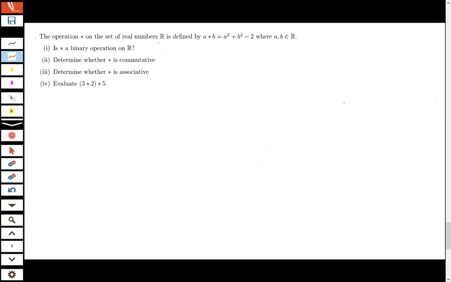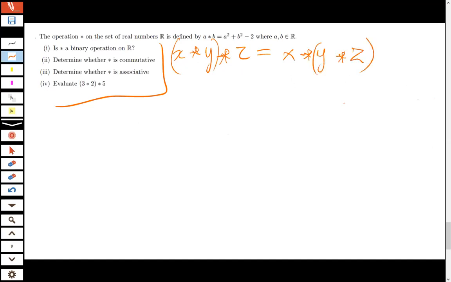So let's use letters. So you have (X star Y) star Z. Sorry, the bracket is supposed to be there. So this should be equal to X star (Y star Z) for this expression to be associative. So x star y, while there's a, we put x, while there's b, we put y.